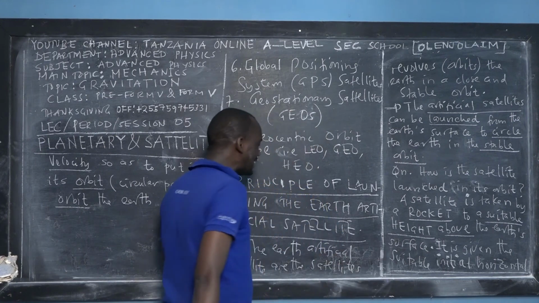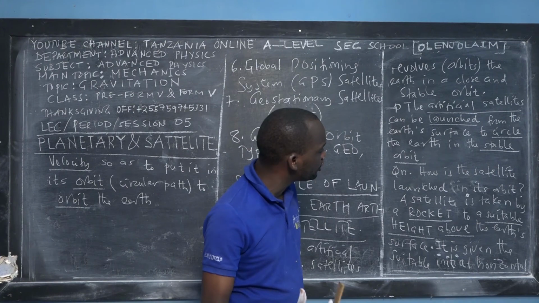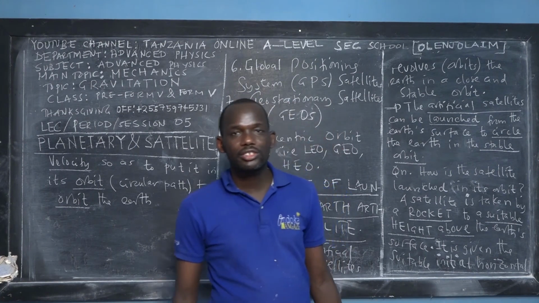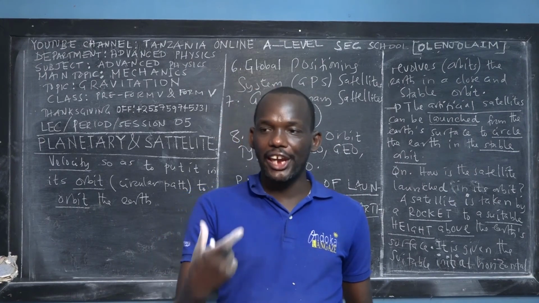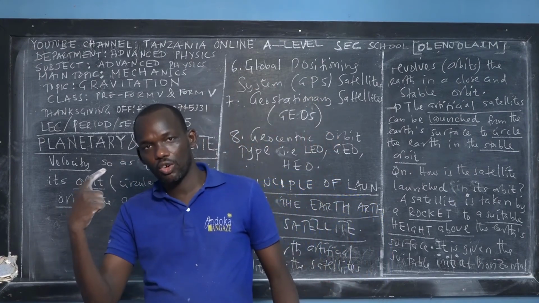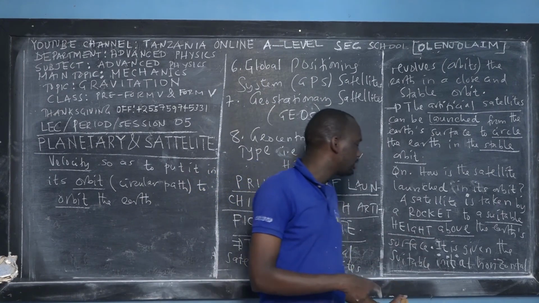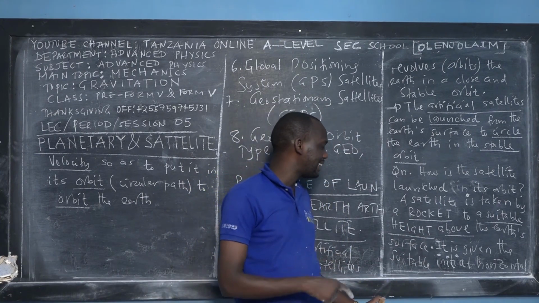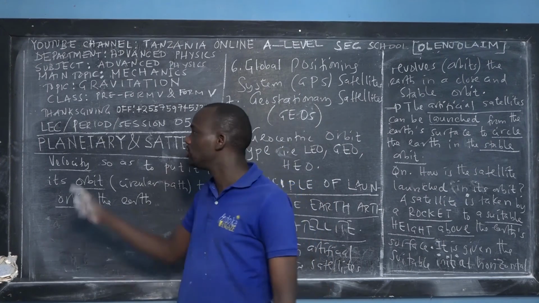Okay, so the second thing: after the rocket reaches this suitable height with the satellite, remember that the rocket is carrying the satellite to the particular orbit, the second task of this rocket is to give the satellite a suitable initial horizontal velocity.